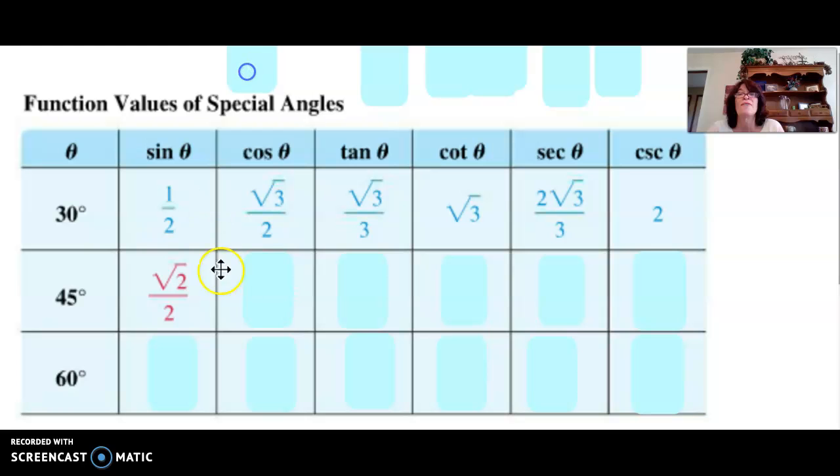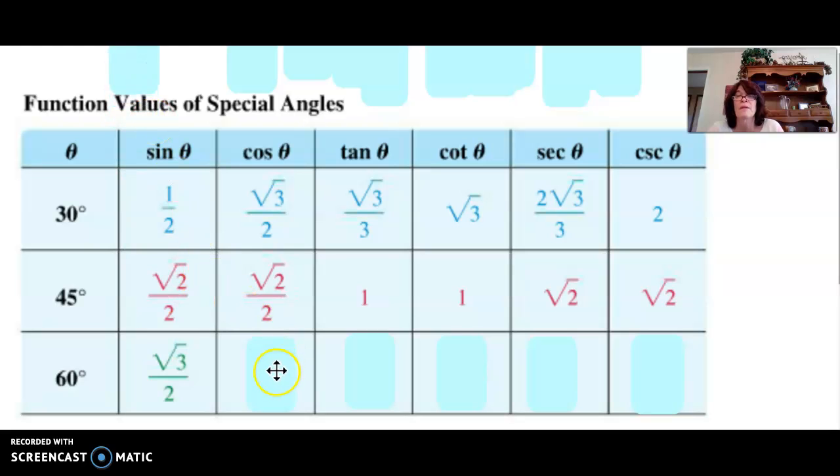The sine of 45 we saw was the same as the cosine of 45. Tangent we saw was 1. So, of course, cotangent is also 1. Secant, I flip this, 2 over the square root of 2, which ends up being the square root of 2, the same as cosecant. 60 degrees, well, we can just flip-flop these, right? Square root of 3 over 2, 1/2, square root of 3. Same as the cotangent of 30, right?